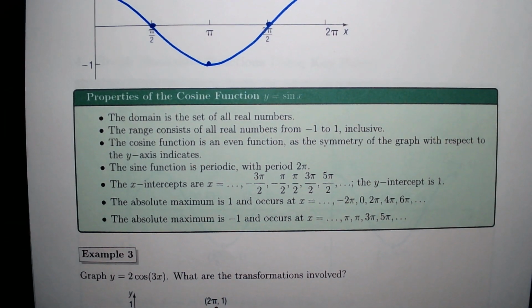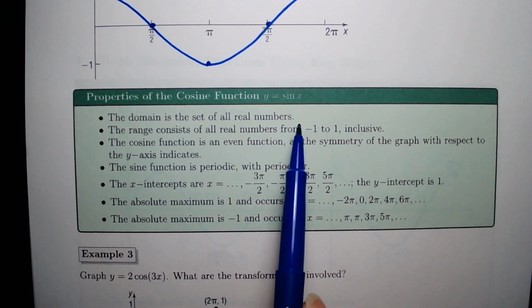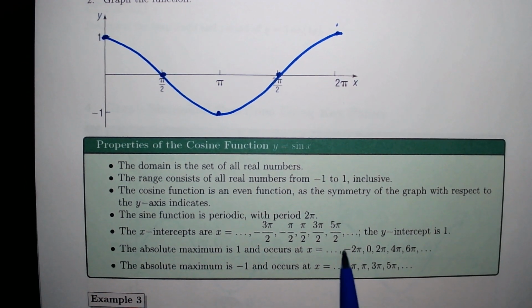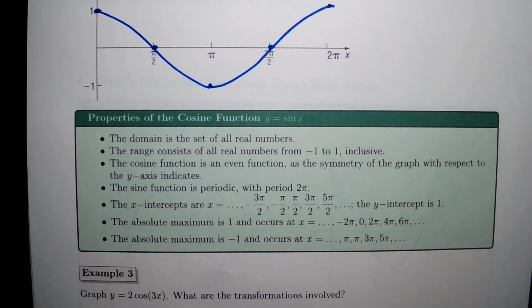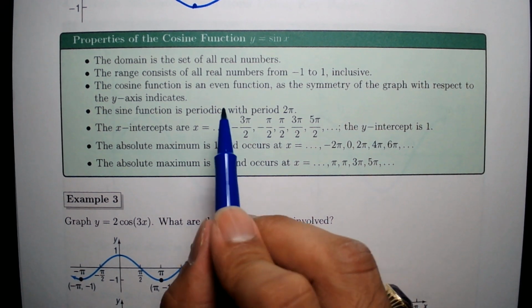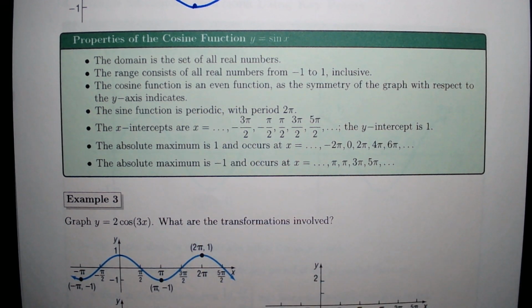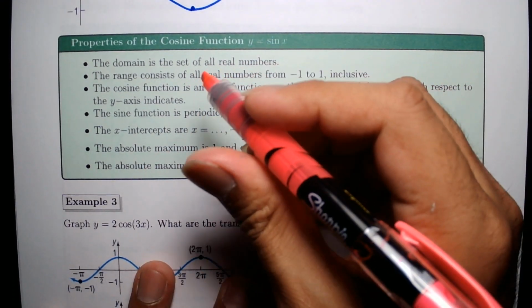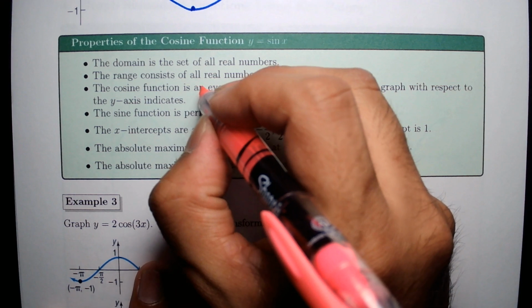So let's look at the properties. The domain is all real numbers, and the range goes from -1 to 1. The graph is an even function. That's one of the key points for the key properties.